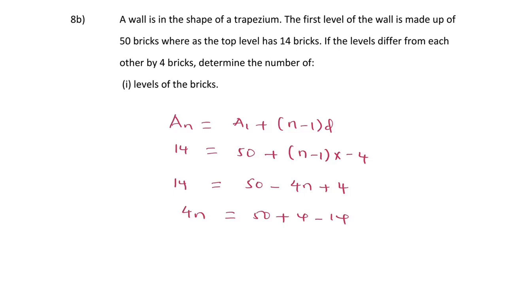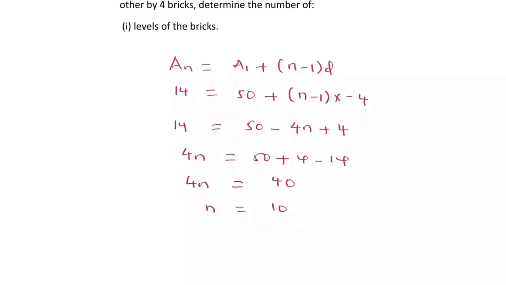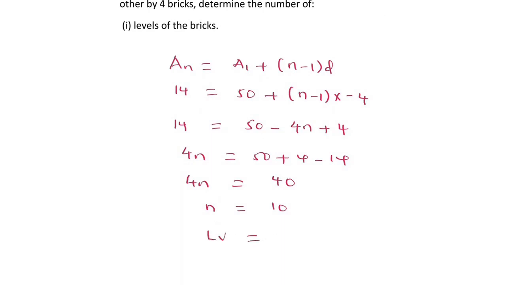Solving this, we are going to have 4n equals 40. Okay, so next we are going to divide by 4 both sides. Then our equation is going to be n equals 10. Therefore, we can conclude that the levels of the bricks is 10 levels.